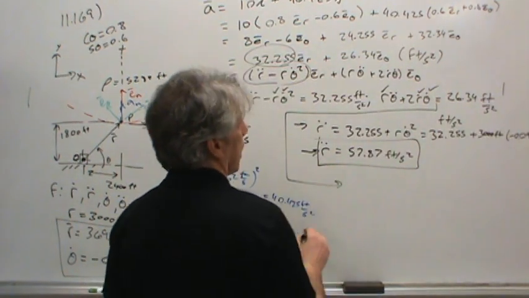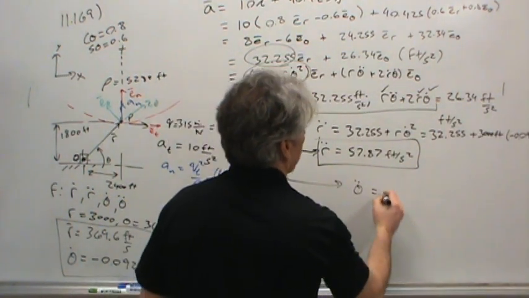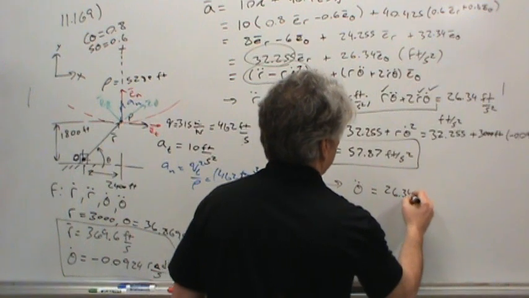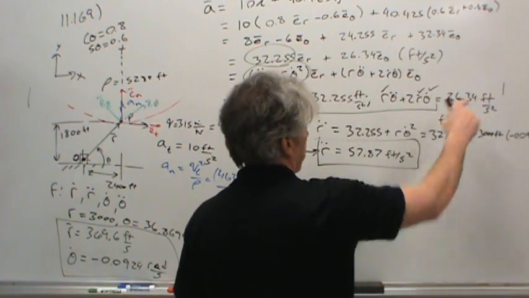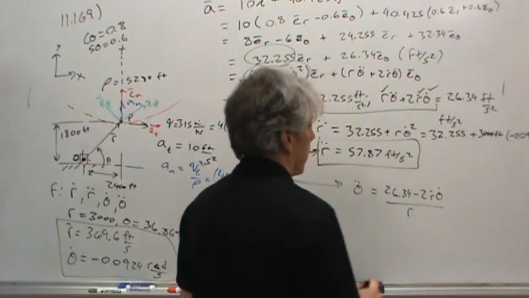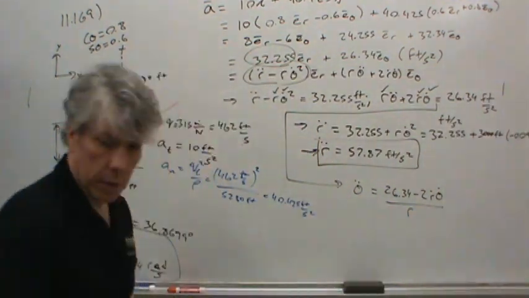So now let's solve from here for theta double dot. Theta double dot would be the 26.34 minus 2 r dot theta dot, just moving this term to the other side, all divided by r.